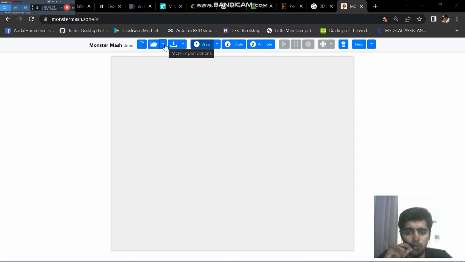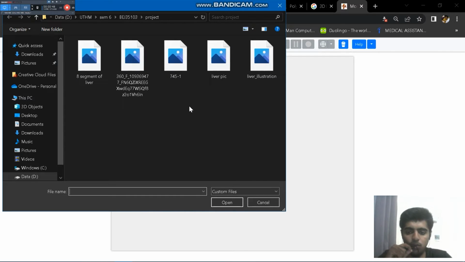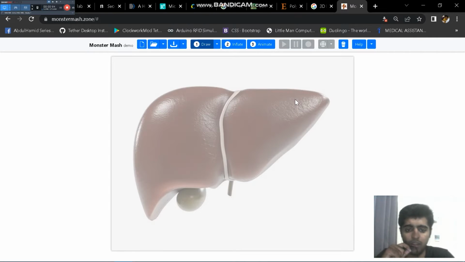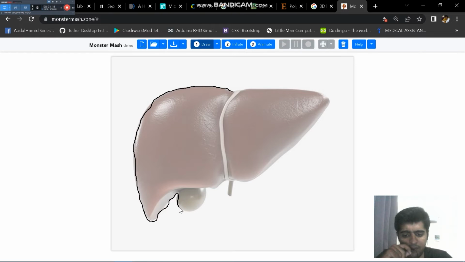Okay, here we take the image of the organ which I will be doing, which is the liver. So I took the liver. This is the picture of the liver here. As we can see here, then we draw over this image, as I'm doing here. This software can be easily used, kind of like cropping and inserting the image.